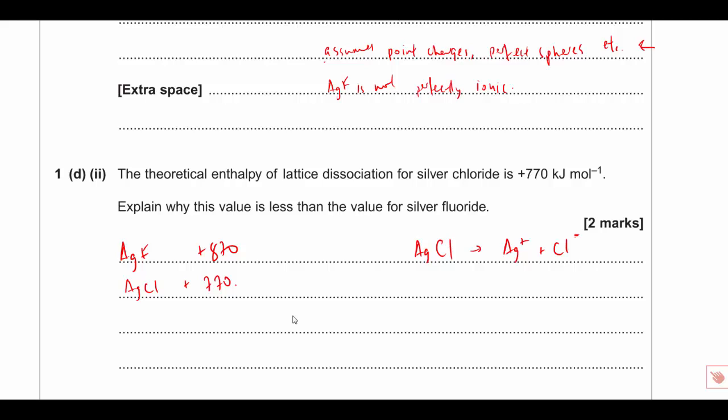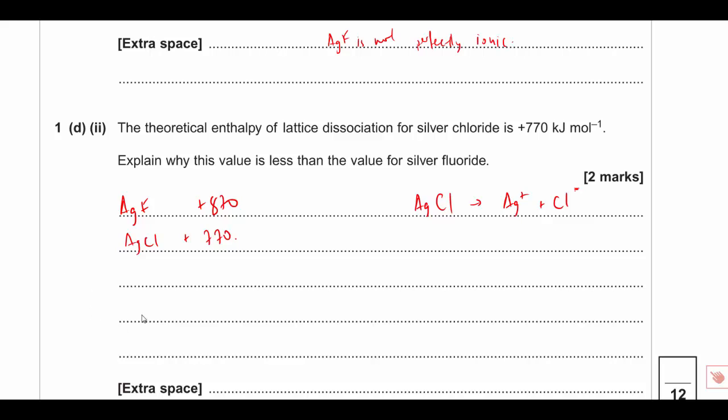So if our value is bigger, it would imply that more energy is required to break this apart. So if it's a smaller value, as it is for the silver chloride, then what's going on first of all?